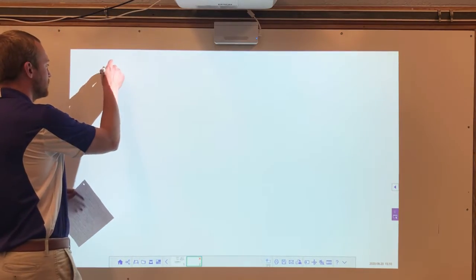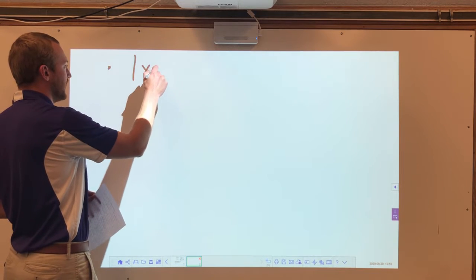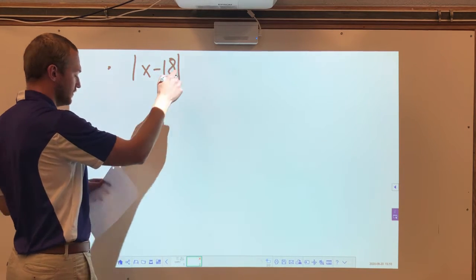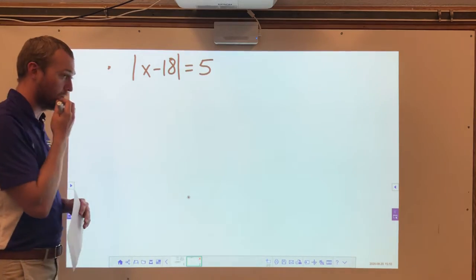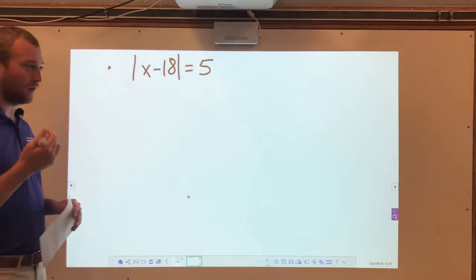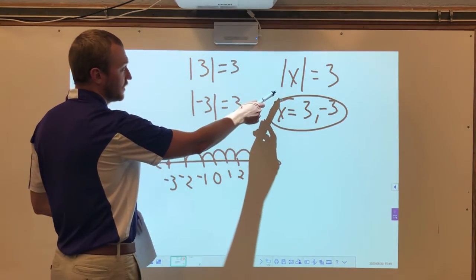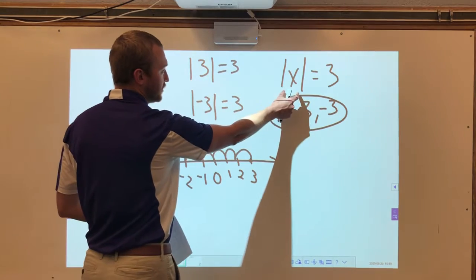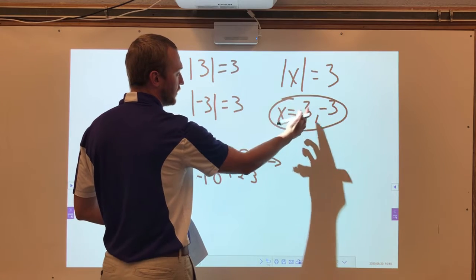Let's start with this example. We have the absolute value of x minus 18 equals 5. Now, think about it in relation to what we just did. What's inside the absolute value there, the x value, was either 3 or negative 3, right?